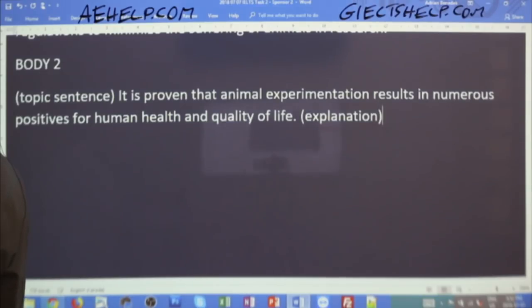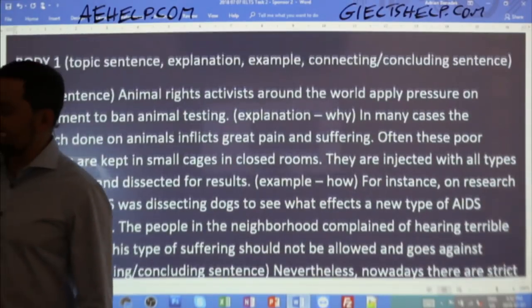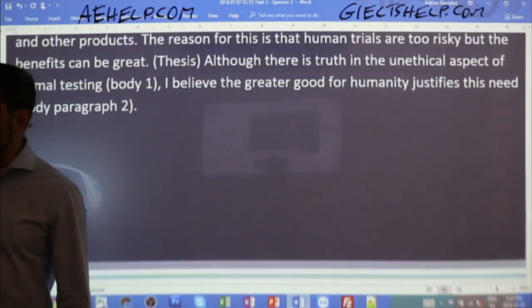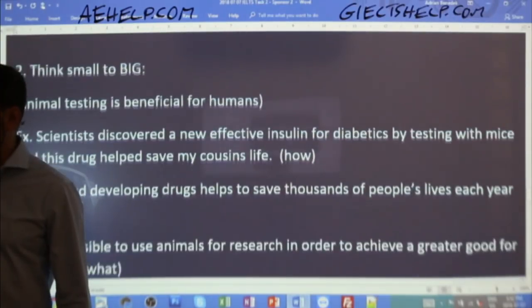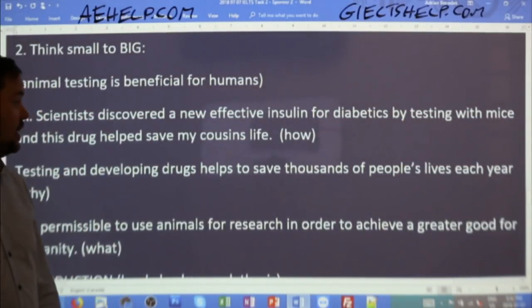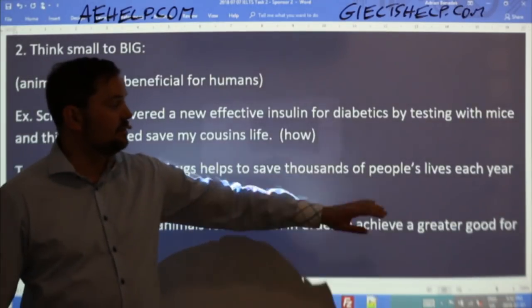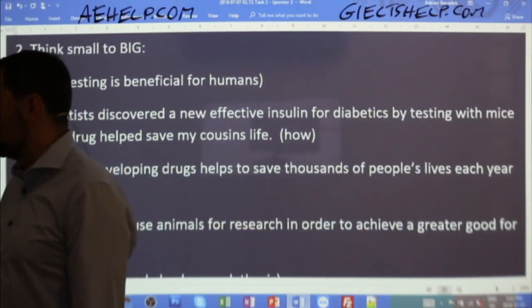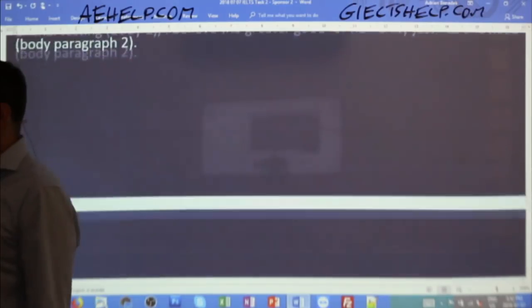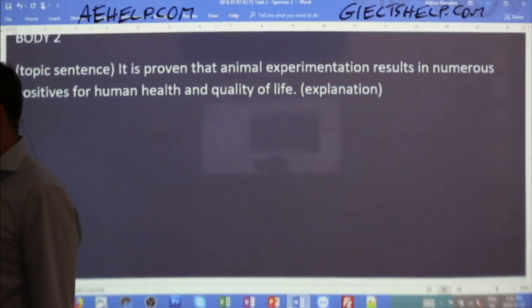So the explanation here, we can just take it from the small to big. So testing and developing drugs helps to save thousands of people's lives each year. And we can just expand on that a little bit, right?